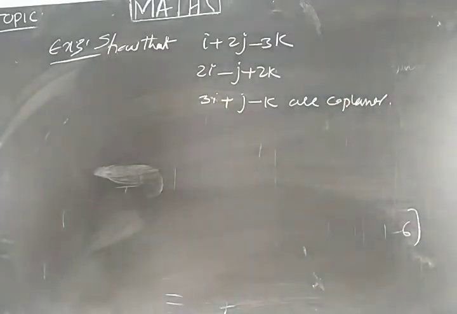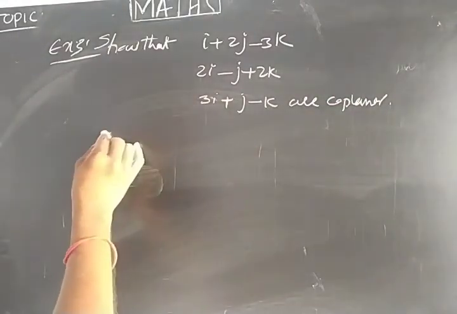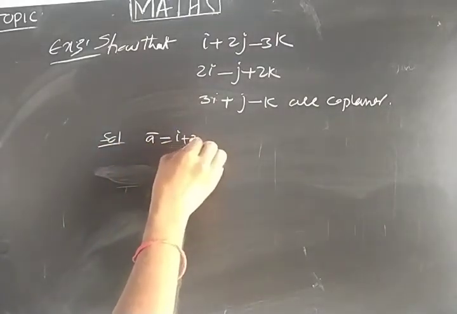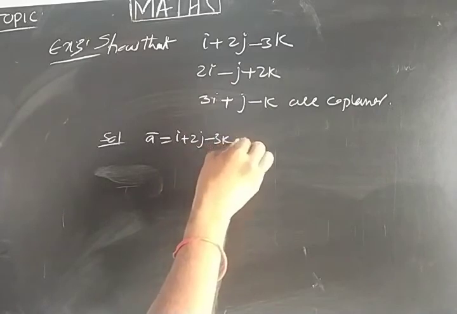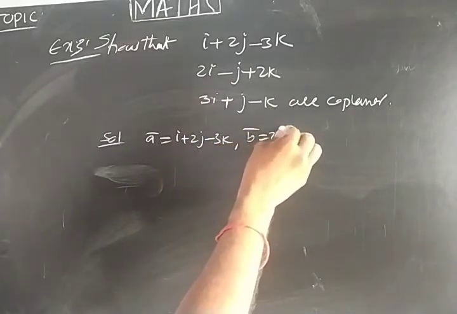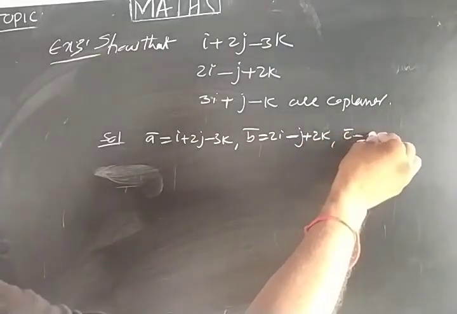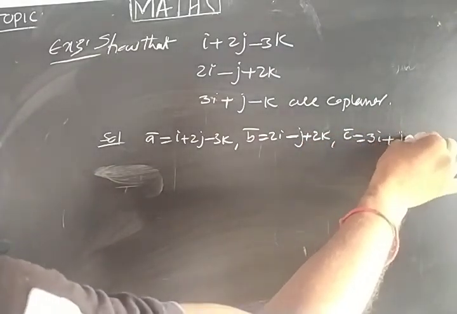We know for coplanar vectors the scalar triple product will be 0, right? Taking the given vectors as A bar, B bar, C bar: A bar is i plus 2j minus 3k, B bar is 2i minus j plus 2k, and C bar is 3i plus j minus k.